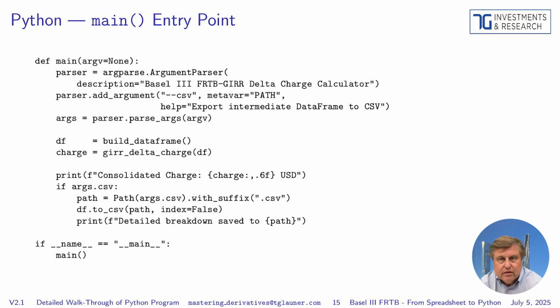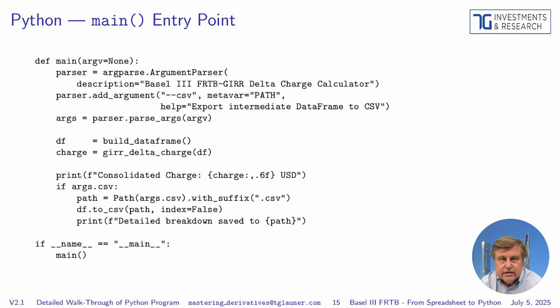The main function accepts an optional argument list. It uses argparse to handle command line arguments, allowing users to specify options such as exporting data to a CSV file. The script builds a data frame using build data frame and computes the GIRR delta charge with the GIRR delta charge function. The consolidated charge is printed in US dollars with 6 decimal places.